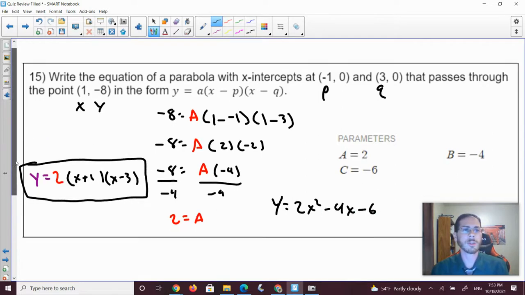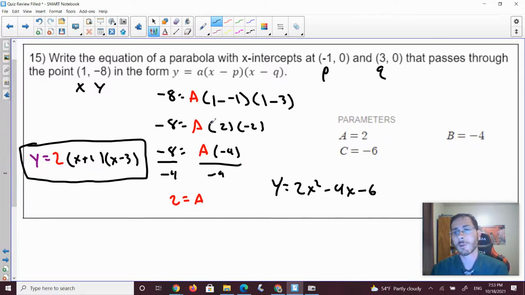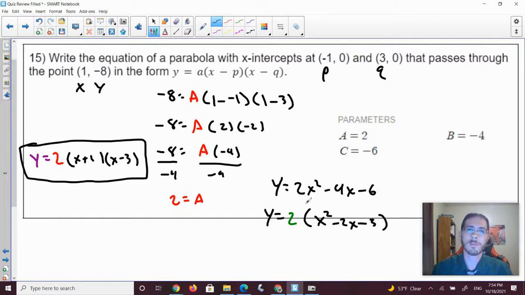And here's my issue. In order to get it into the form that I'm asking for, I have to factor that. And chances are, if you're not willing to do this, you're probably not willing to factor either. But just so we can see how that's done, we can see that they have a greatest common factor of 2. So I can divide them all by 2. So that's going to be x squared minus 2x minus 3.